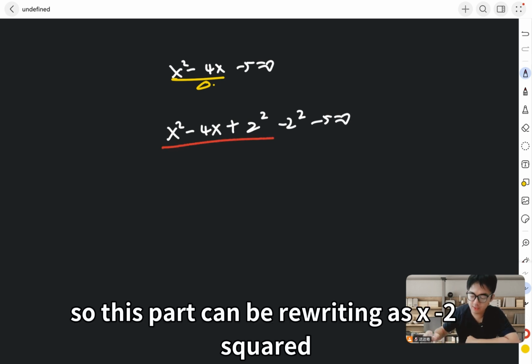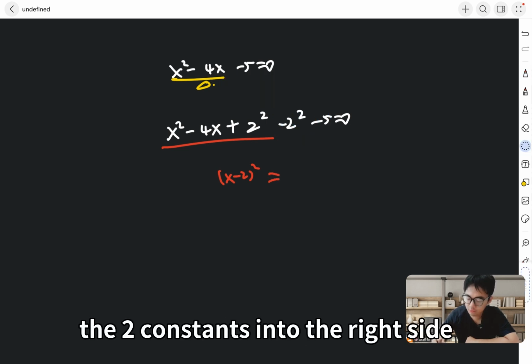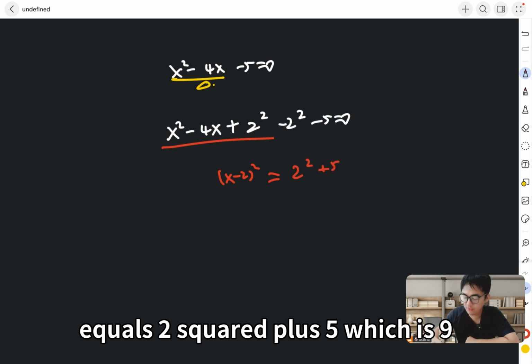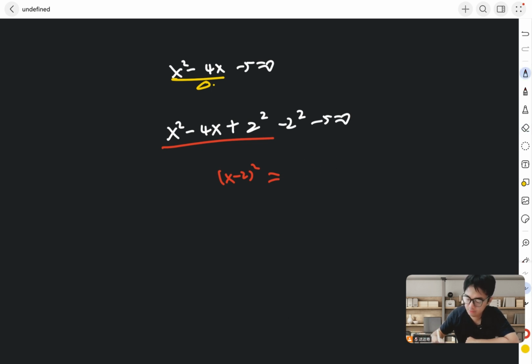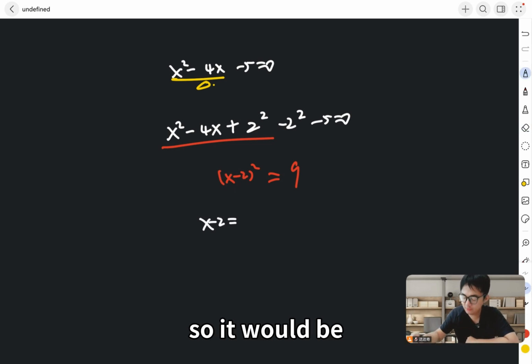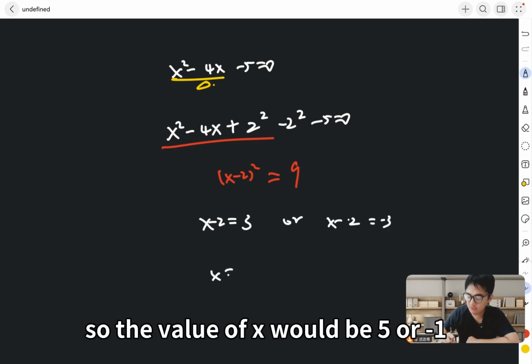So this part can be rewritten as x minus 2 squared equals, and let me just remove the two constants into the right side, equals 2 squared plus 5, which is 9. So x minus 2 would be positive 3 or negative 3. So the value of x will be 5 or minus 1.